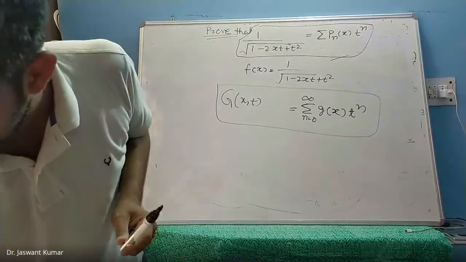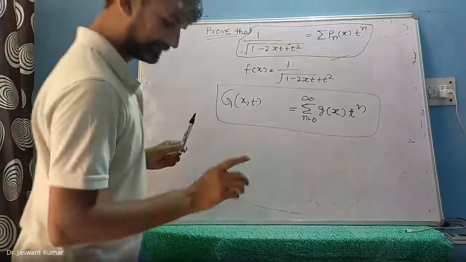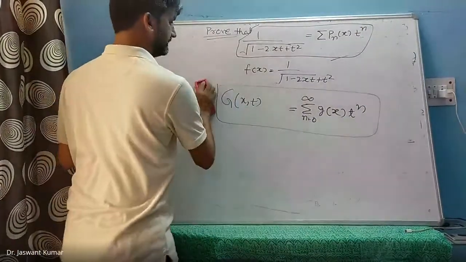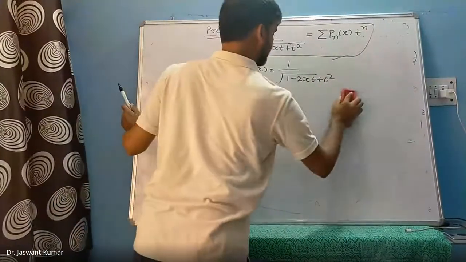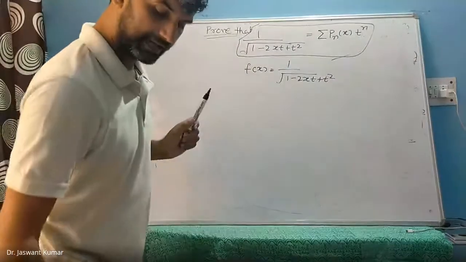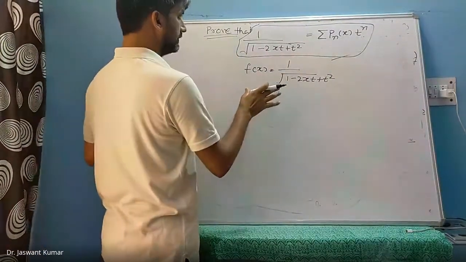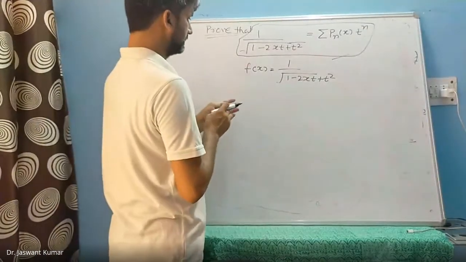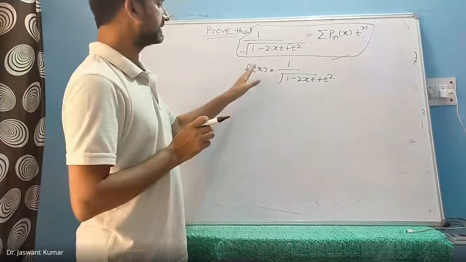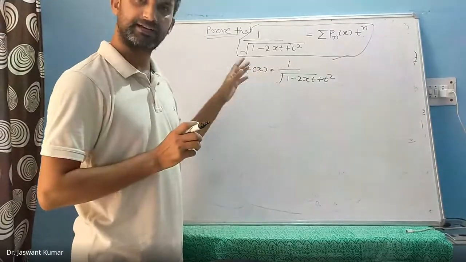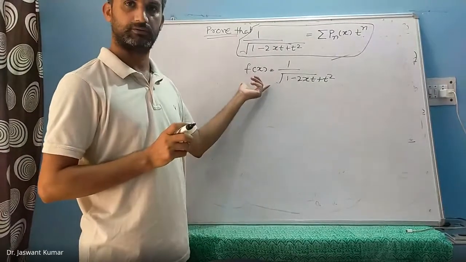So in this, please look at your notes, and then the two things that you do from here: we need to tell what kind of differential equation f of x follows.